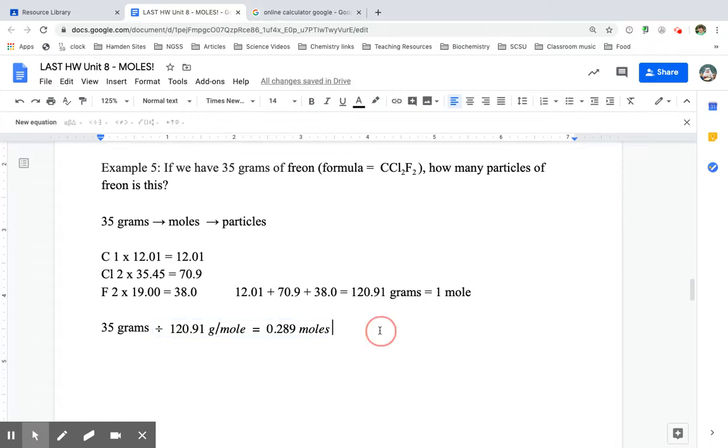Okay, so now we've converted from grams to moles. 35 grams is this many moles.